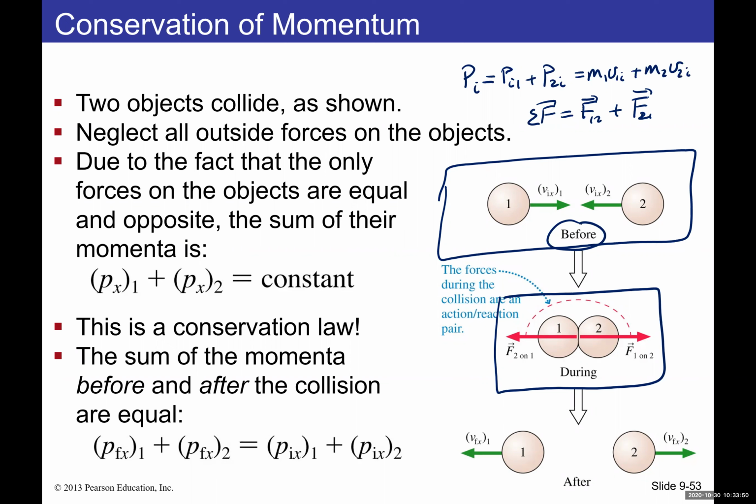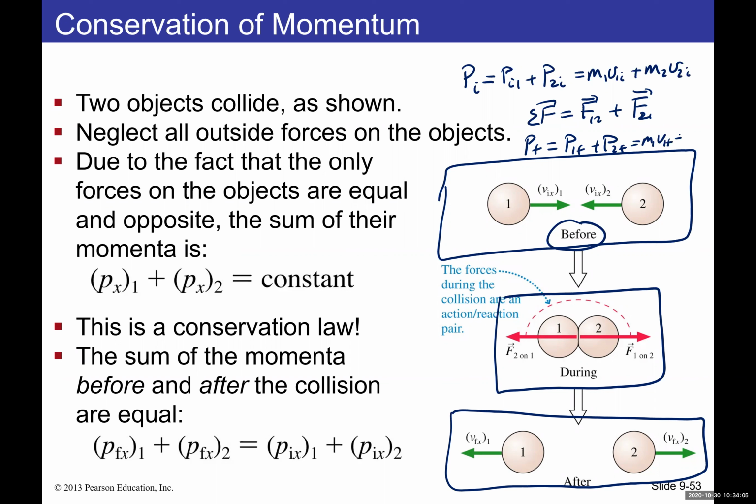After the collision, they move in opposite directions. The final momentum of the system will be P1 final plus P2 final, which I can write as M1 V1 final plus M2 V2 final. If you want, you can put the X as a subscript, indicating that it's horizontal, but let's keep the subscripts minimal. Right now we are considering just the horizontal momentums.